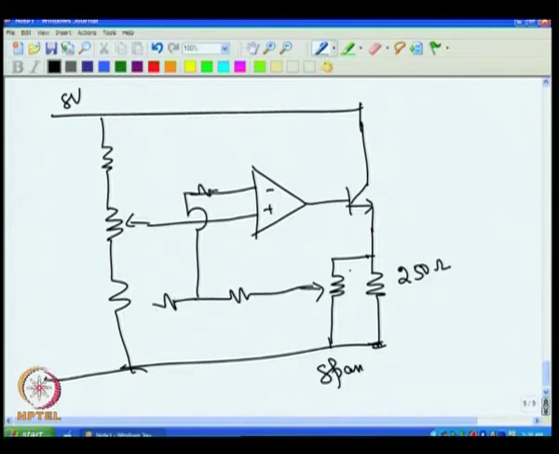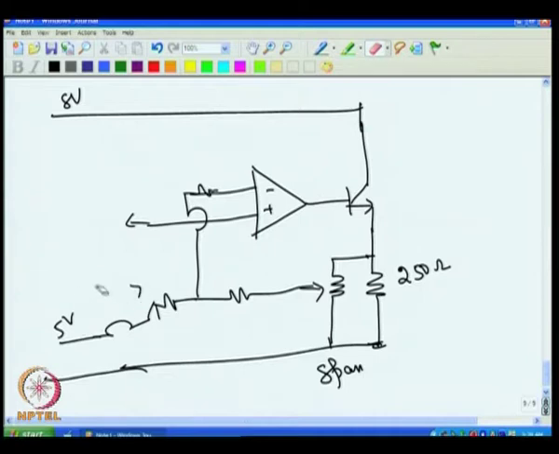Now, one thing can be done: we can connect this one to 5 volt, and we can also have a provision to vary this voltage, or even vary this resistance a little bit as a 0 variation. For example, this resistance can be varied. I redraw this.